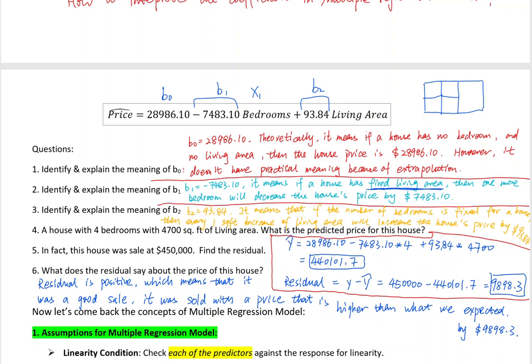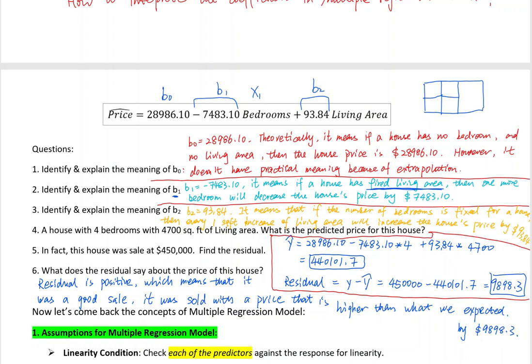So we say for a fixed living area, 1 more bedroom will decrease the house price by this much, right? If you have more bedrooms, it would be more crowded. So if I am the house buyer, I would prefer spacious bedrooms, not crowded bedrooms, right? Okay, so this is how to interpret this B1.